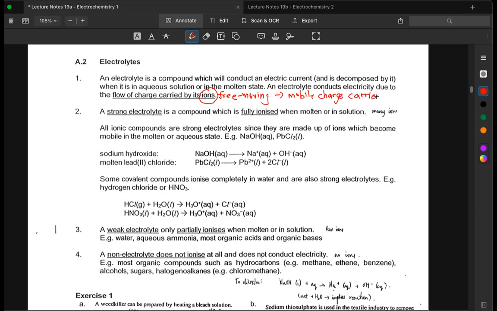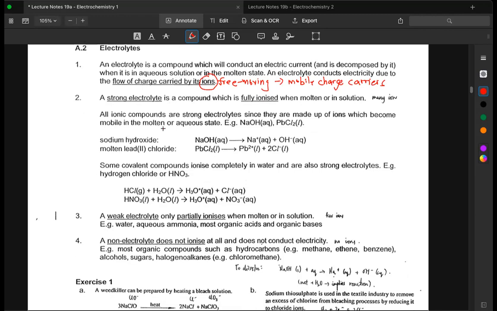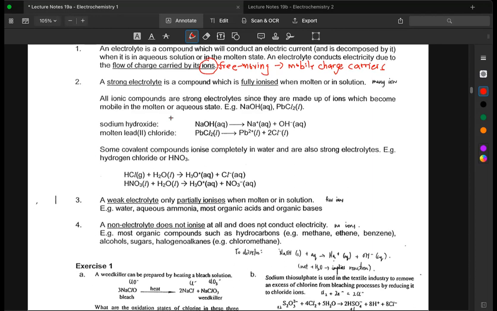Now, what is the difference between a strong electrolyte and a weak electrolyte? Strong electrolyte, very similar to what you learn in strong versus weak acid, is basically fully ionized or fully dissociated in molten or aqueous solution. So these are examples of strong electrolytes that we use in electrolysis.